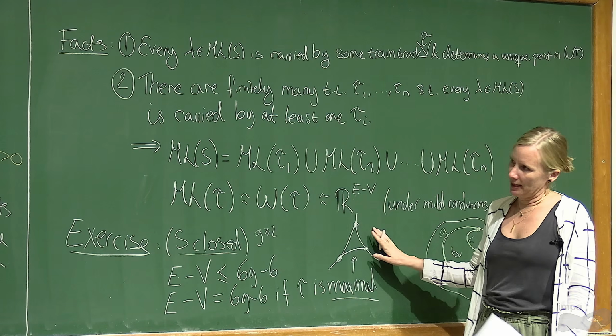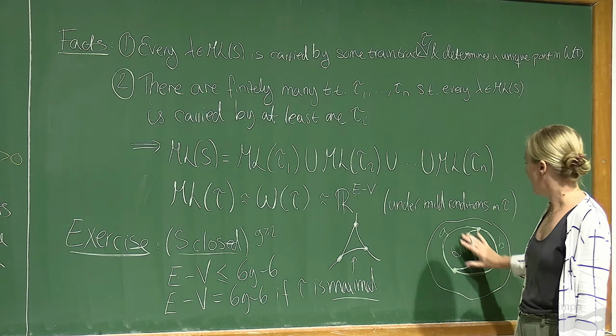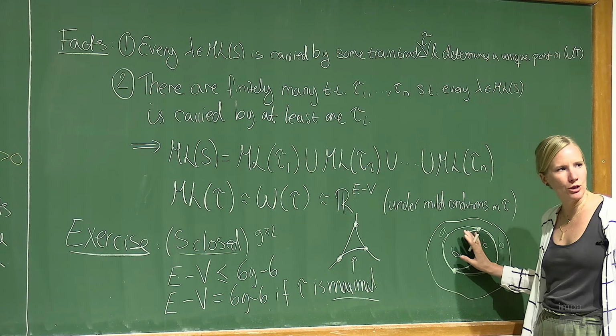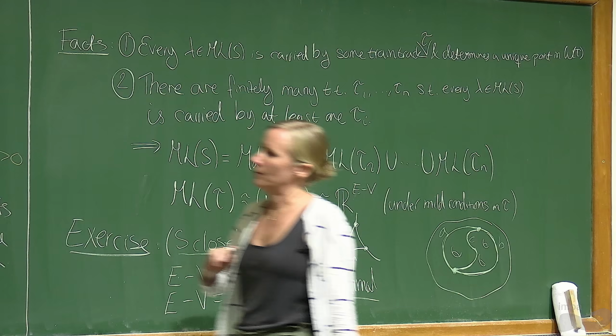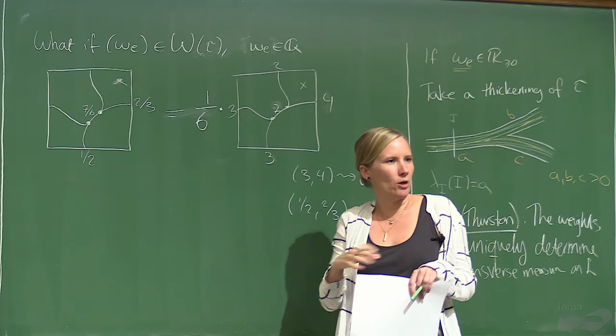And either you're not the punctured torus, or if you are the punctured torus, you also want this recurrence condition. Because if you notice these train tracks, there's a puncture. The complementary region is a punctured bigon, which is kind of bigger than the smallest you're allowed to have.